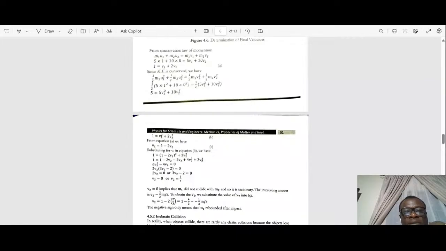And the negative sign shows that M1 rebounded after the impact. It bounced back after the impact. That is the implication. So this is the explanation. This is where we are.